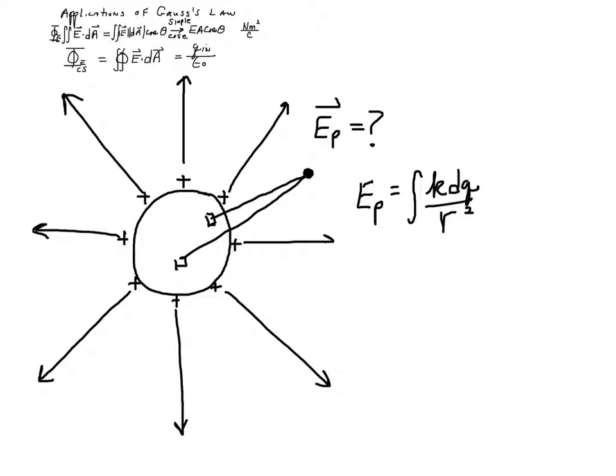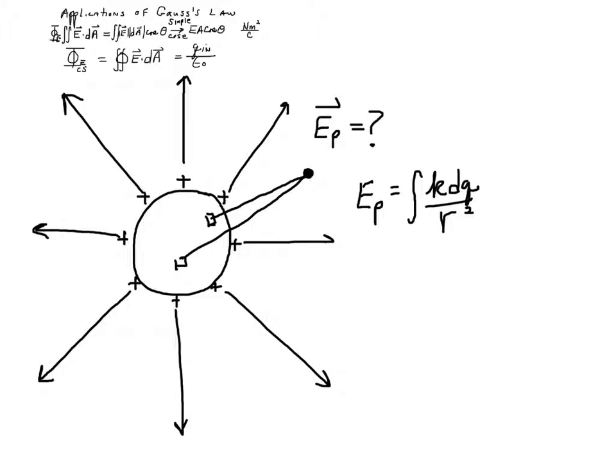So to use Gauss's law to solve the problem of the field at point P, I'm going to draw an imaginary surface. And because this is a sphere, I'm going to draw a sphere which is concentric with the charged sphere, an imaginary sphere called a Gaussian sphere or a Gaussian surface.